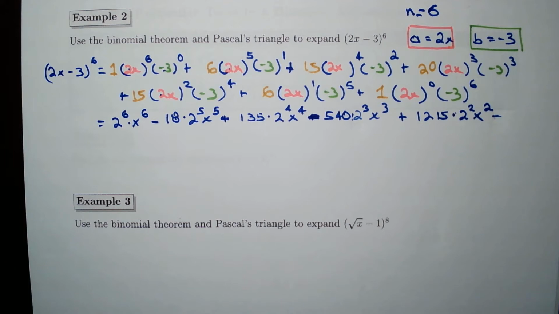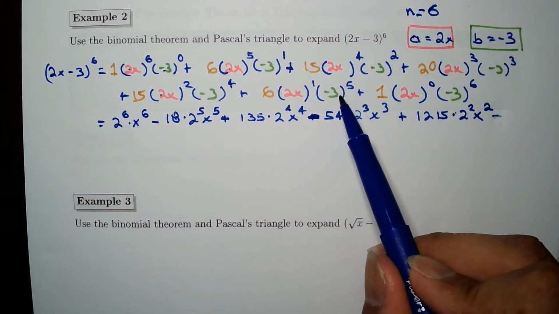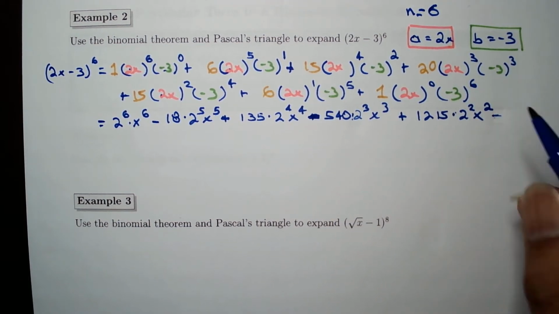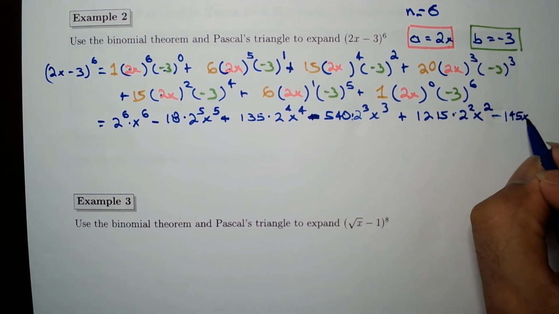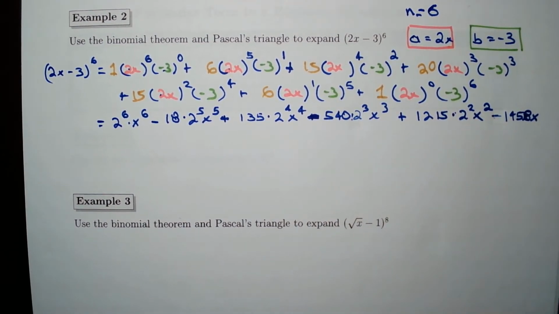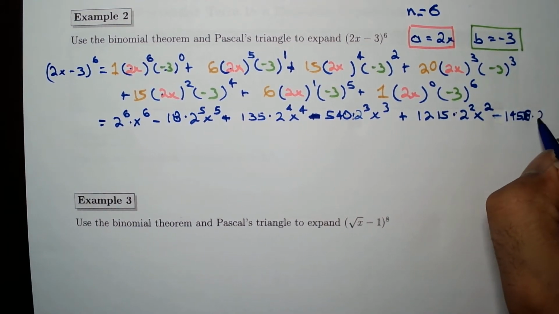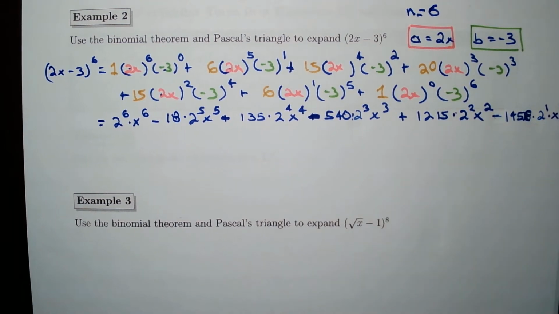And so that's 3 to the 5th, that's 243 times 6. We get 1458 x, and x to the 1st times 2 to the 1st.